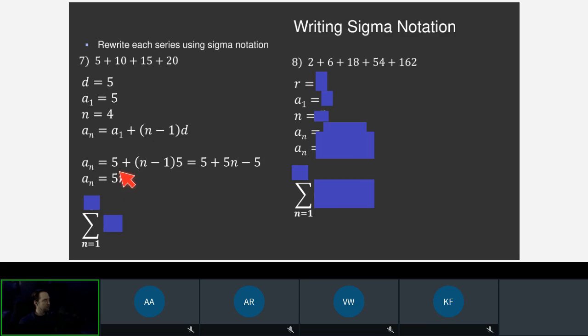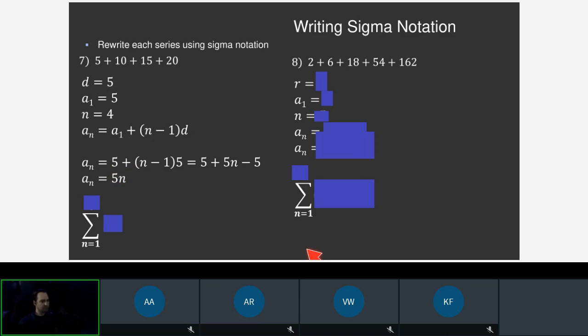So again, this right here gives us our particular term. So if n is 1, 5 times 1 gives us 5. If n is 3, 5 times 3 is 15. If n is 2, 5 times 2 is 10. So that's a good way to check to make sure our derived expression is correct.